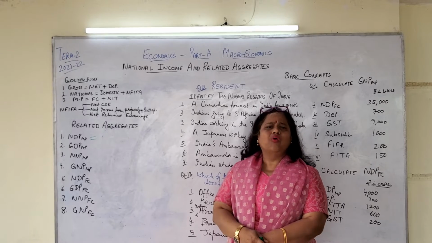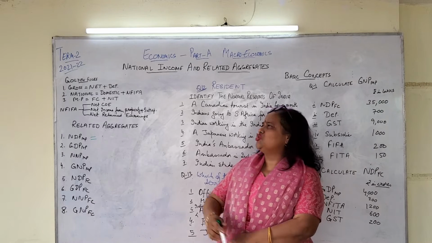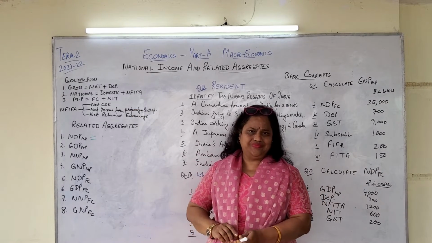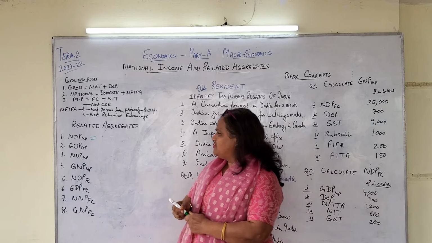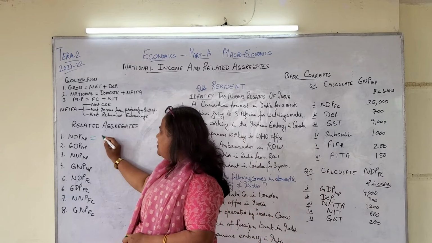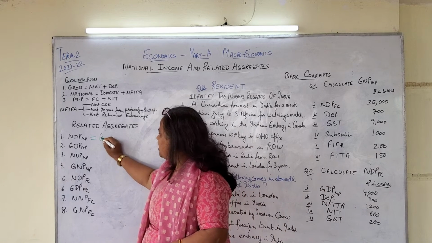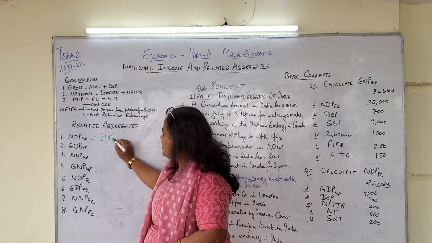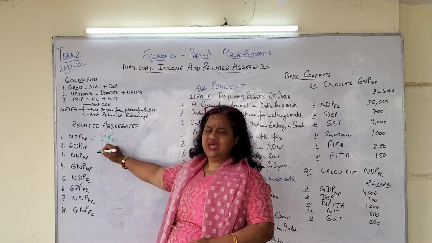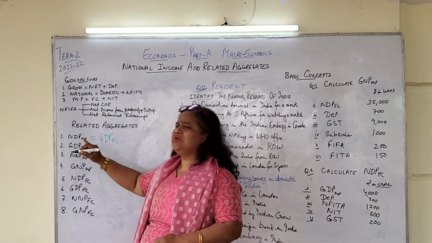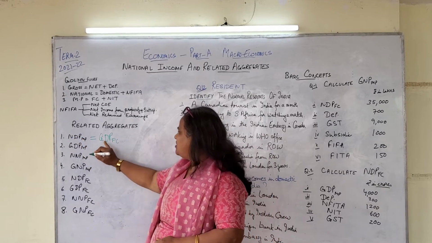So now let's learn to apply these golden rules. Suppose in a numerical, GDP at FC is given to you in the exam, and you have to calculate NDP at MP. What should you do?